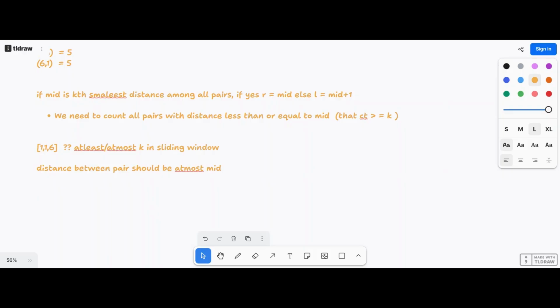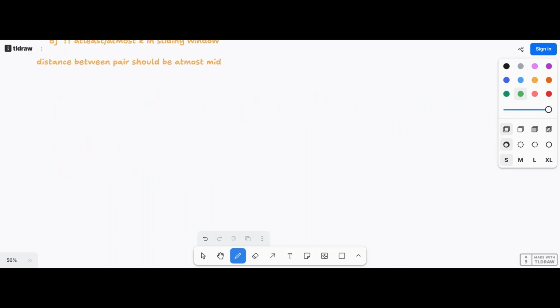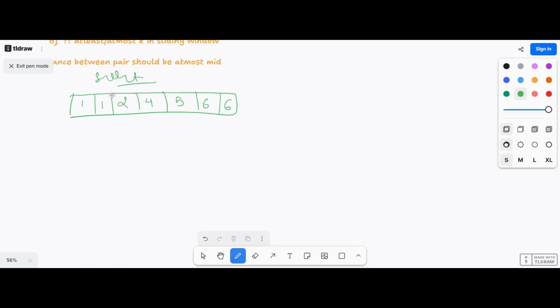Okay. Now let's take a bigger example. Let's say we have this array 1, 1, 2, 4, 5, 6, 6. I'm already sorting it and making it visible to you.